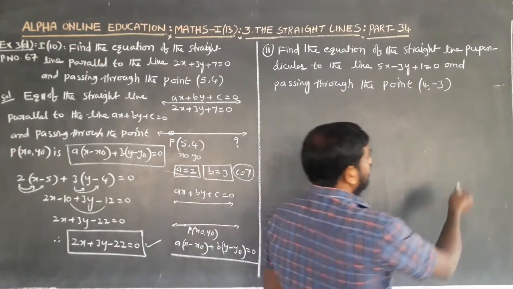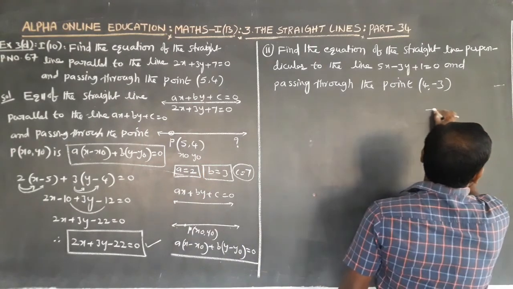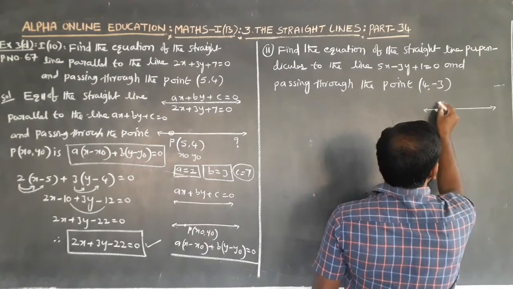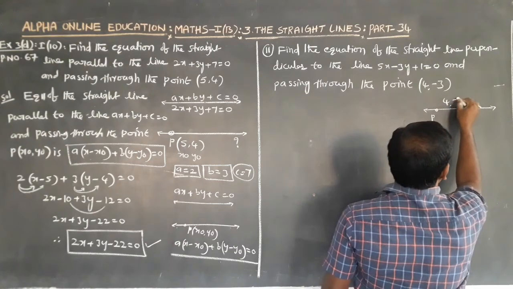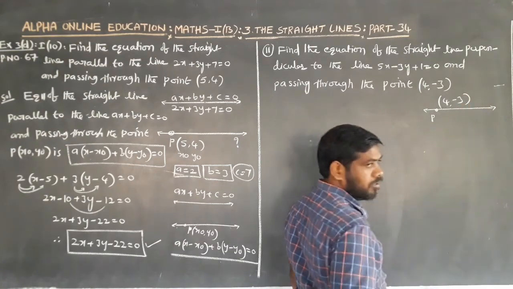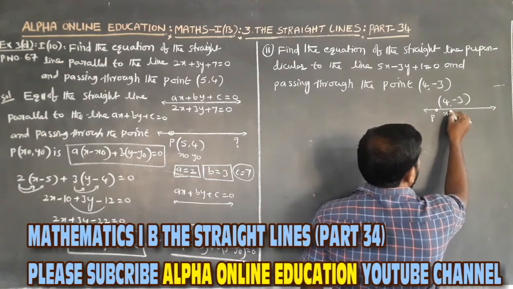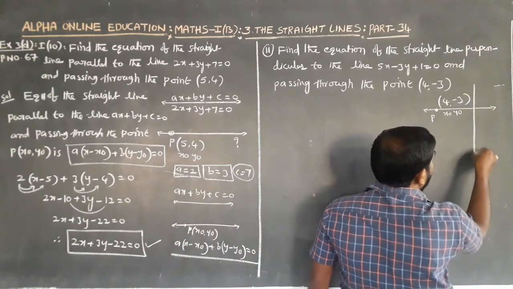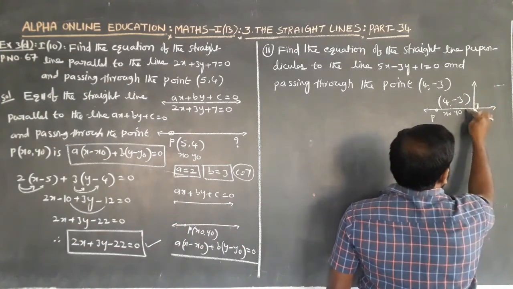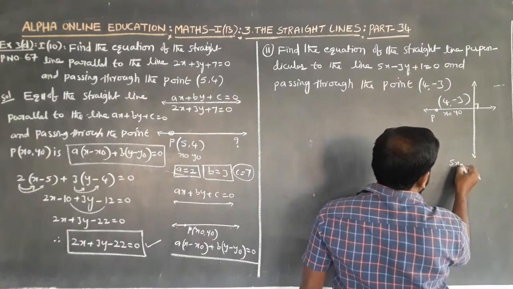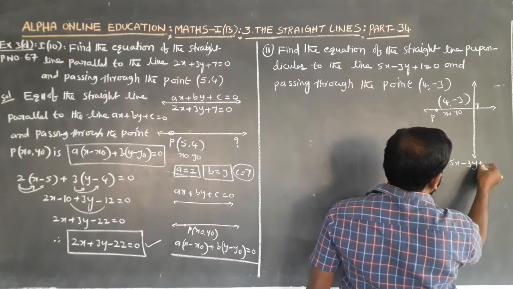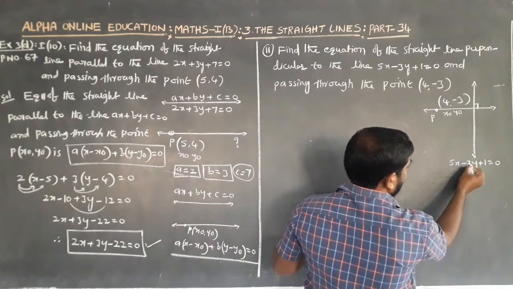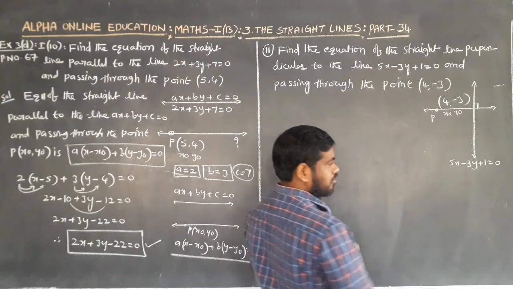A line is passing through the point 4 comma minus 3, let it be x0, y0, and perpendicular to the line 5x minus 3y plus 1 is equal to 0.